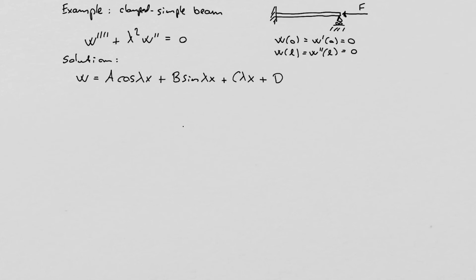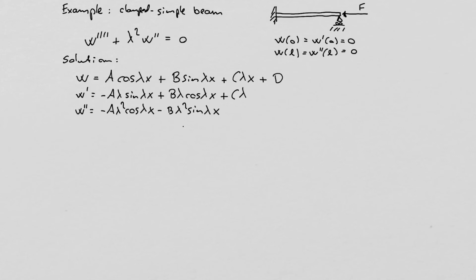Now, when we employ the boundary conditions, we need both expressions for the slope and also the second order derivative. So let's write that up. So W prime gets, when differentiating the last parts, like this, and then also the second order derivative, like this.